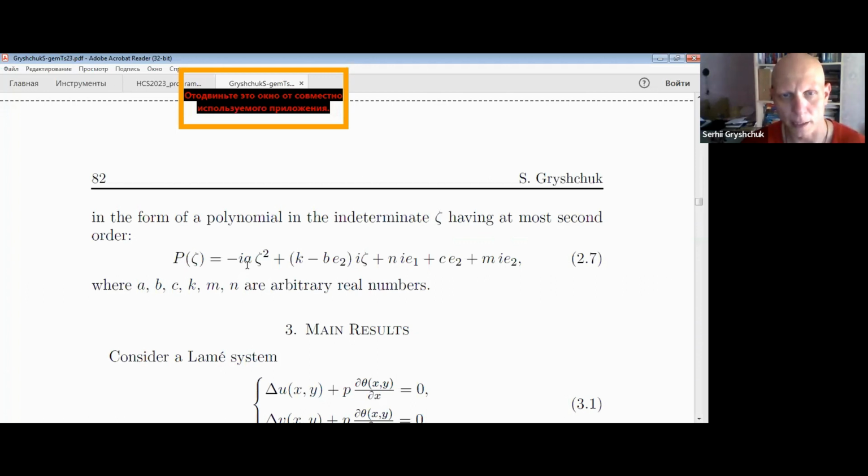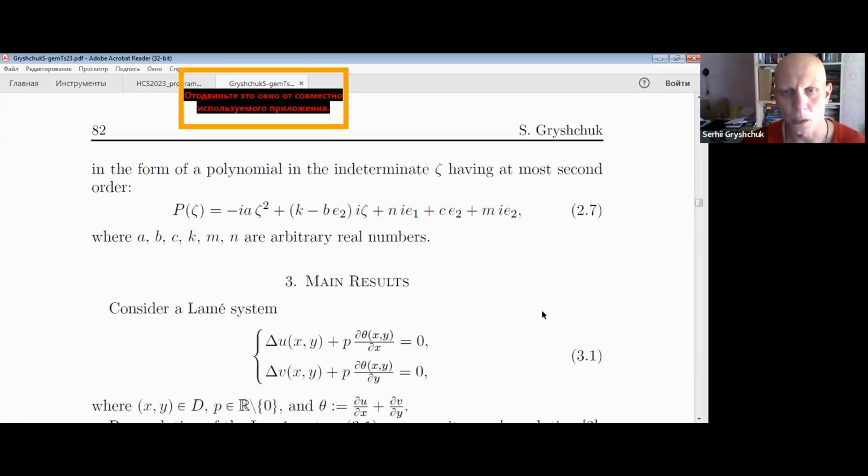If a isn't equal to 0, this is a polynomial of the second order with respect to the hypercomplex variable zeta. If a equals 0 and k minus b(E2) isn't equal to 0, this is a polynomial of the first order, and so on.